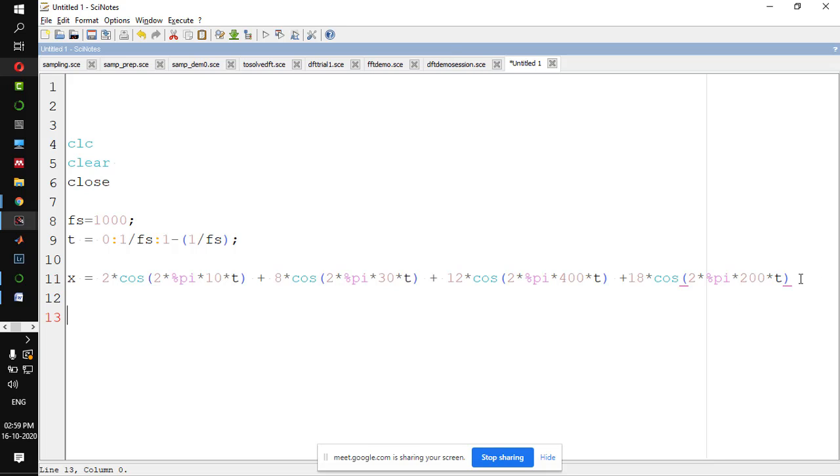Now I want to find the DFT of this signal. This is in the time domain now. Let me show you first. So figure of 1, plot t comma x. Let me run and show you what's happening.